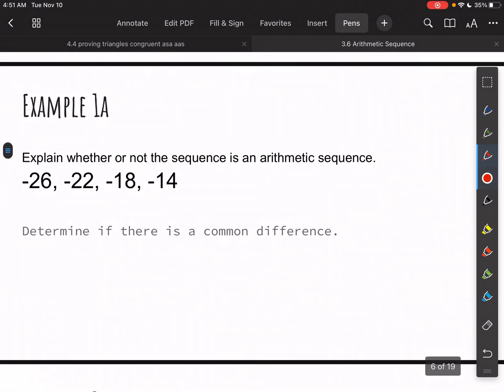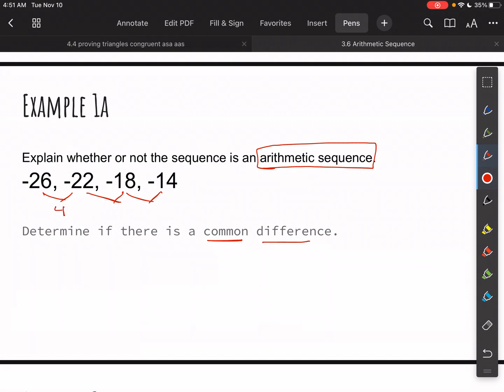All right, so example 1a says, explain whether or not this sequence is an arithmetic sequence. In order for it to be an arithmetic sequence, it has to have a common difference. So let's just make sure that this has a common difference. Let's find the difference between each of these. The difference between negative 26 and negative 22 is 4.